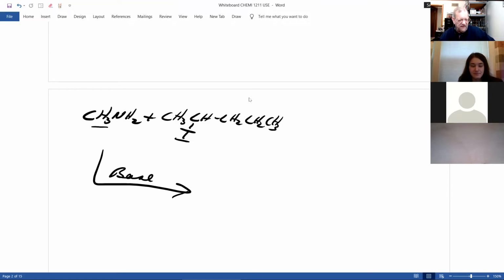What's different here? Ooh, nitrogen on a carbon. That's a primary amine. Ooh, a halogen on a carbon, then carbons here and hydrogen. That's an alkyl halide.